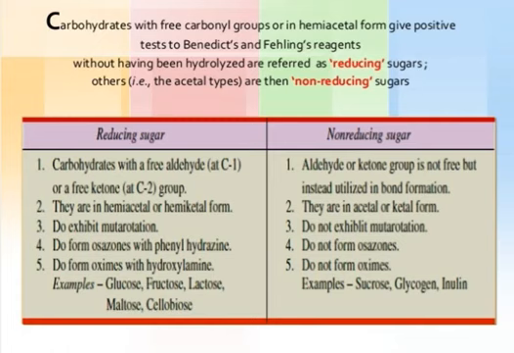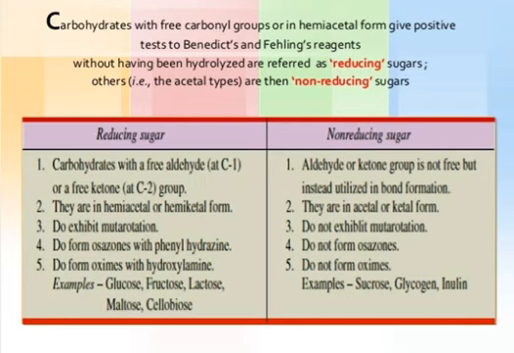What do you mean by reducing sugar? Carbohydrates with a free aldehyde at carbon number 1 or free ketone at carbon number 2. In non-reducing sugar, the aldehyde or ketone group is not free but is utilized in bond formation. In reducing sugar, they are in hemiacetal or hemiketal form. In non-reducing sugar, they are in acetal or ketal form. Reducing sugars exhibit mutarotation; non-reducing do not.